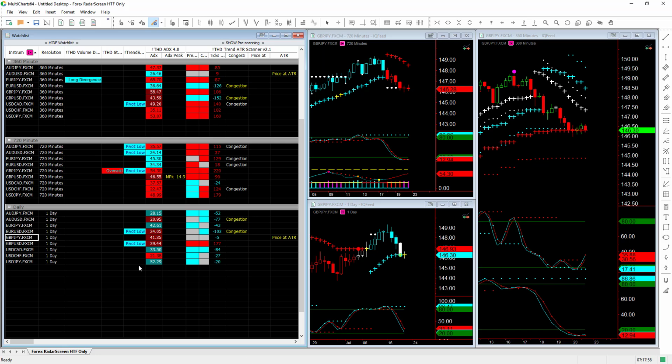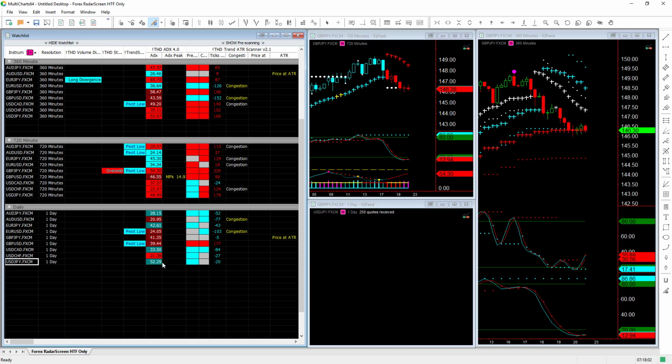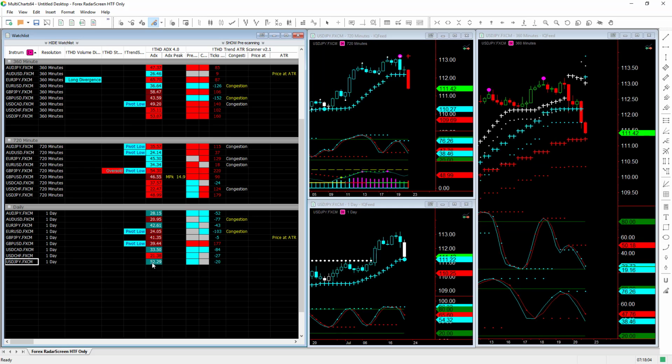Now, the USDJPY, even though you do not have an MPK here, I already know that it has made a magenta peak because this is dark blue. That tells me that it is decreasing in value. You can also see that price is at the ATR on the daily chart.